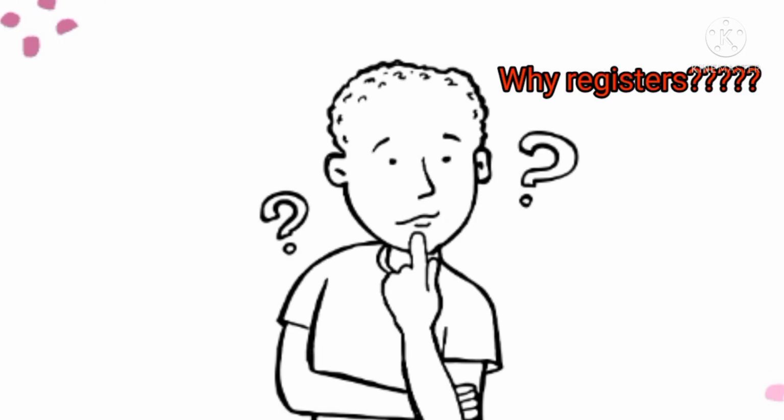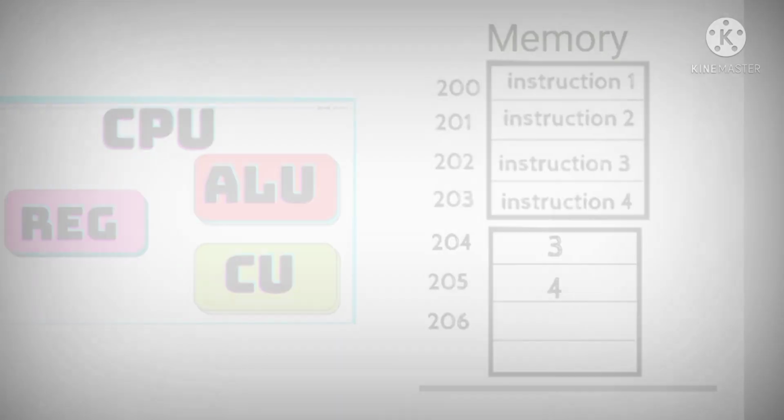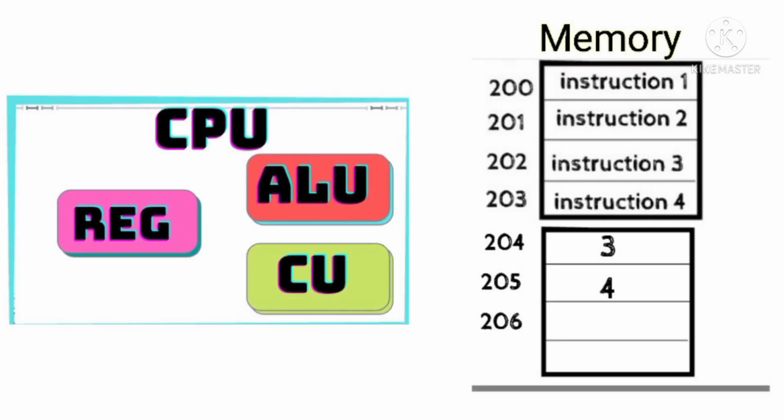Automatically there arises a question. We already have memory, then why are we going for registers? This is because, as you already know, our CPU uses its arithmetic and logical unit to perform all arithmetic and logical operations.